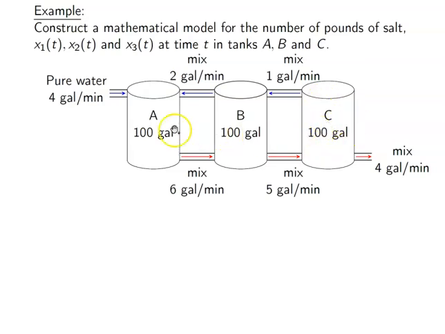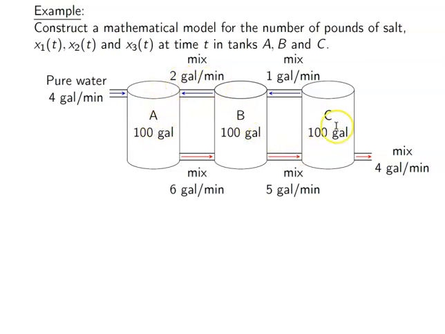Now before we even build the model, let's look at what's going on. I have pure water coming in at a rate of 4 gallons per minute, and I have a mixture coming out of my tank A at 6 gallons per minute into tank B. I have salt water coming out of B into tank A at 2 gallons per minute.